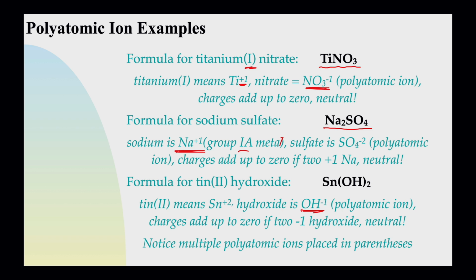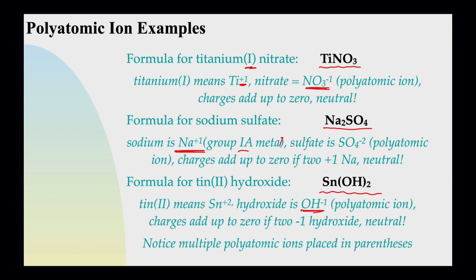Tin is Sn with a +2 charge because of that Roman numeral. And because hydroxide's -1, you're going to need 2 hydroxides for every tin. But notice the formula. If there's more than 1 polyatomic ion, you do use parentheses. So for 2 hydroxides, you'd write Sn(OH)2.